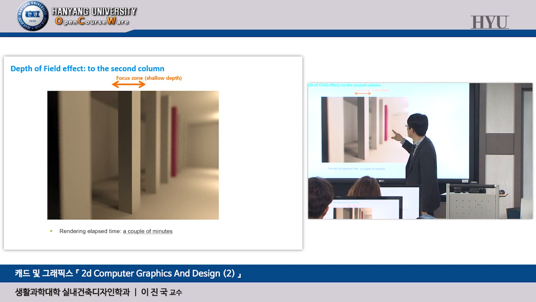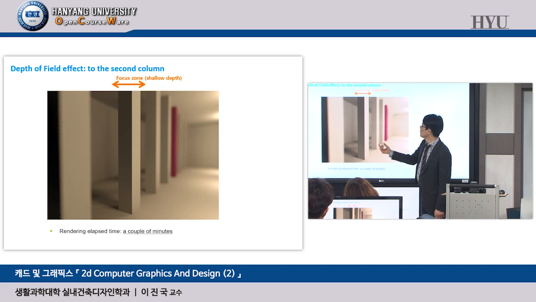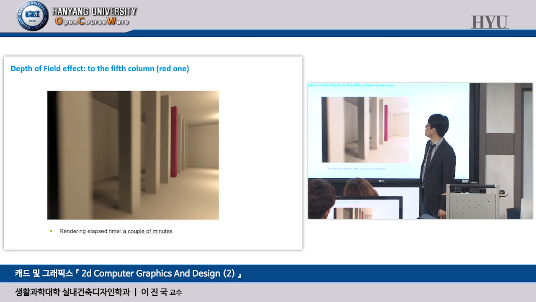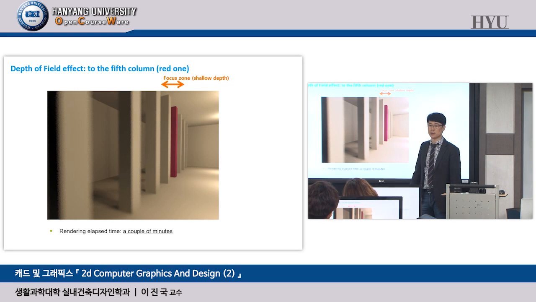It's looking coarse because the render option is not that high quality, something mid quality. Anyway, the focus zone is here, and the next one has a different focus zone here. Shallow depth. The focus zone is here.